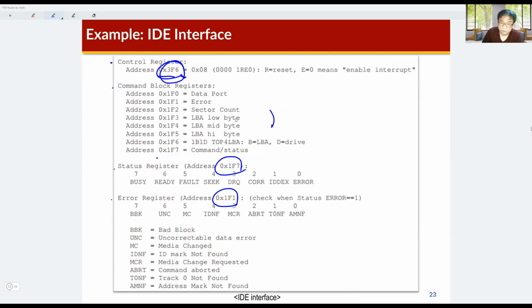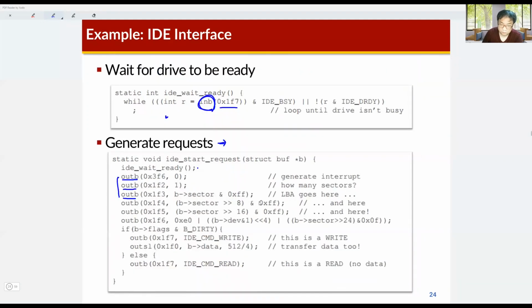You can find the low byte of the logical block address, mid byte, and high byte here. So you can find that the LBA is written to this control register here. And then the command is also written to the register, the write command and the read command. The request is written to these control registers.